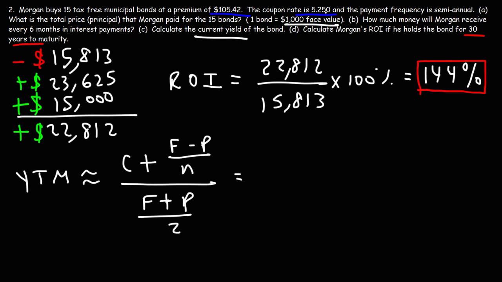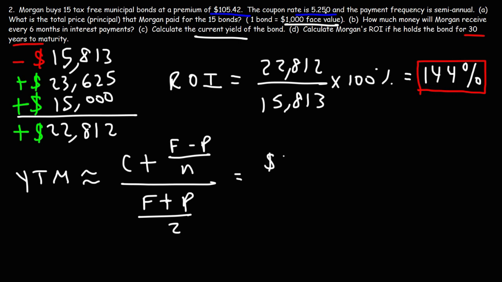So C is the interest payments that he's receiving. So in a 1-year time frame, he's going to receive, and I had that number too. I'm going to have to recalculate that number. It was 15,000 times 0.0525.